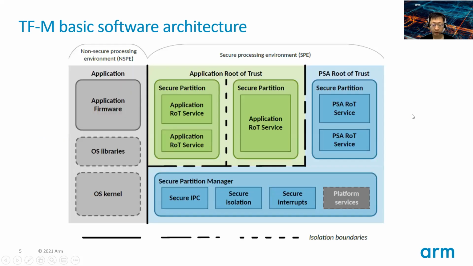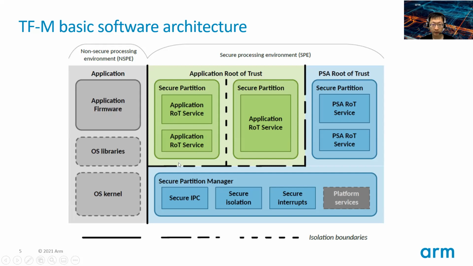Before the update begins, let's take a quick look at the TF-M software architecture. Roots of trust services are encapsulated in partitions. A partition owns its code and private data. It is a single thread of execution and the smallest unit of isolation.